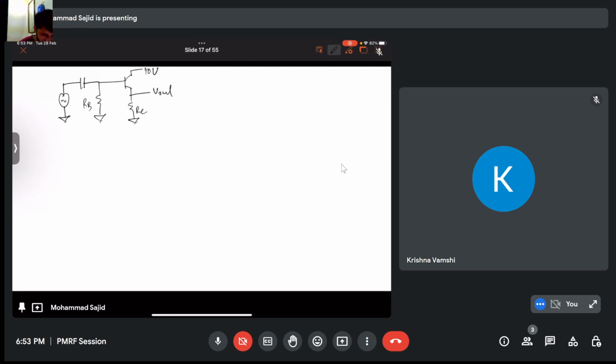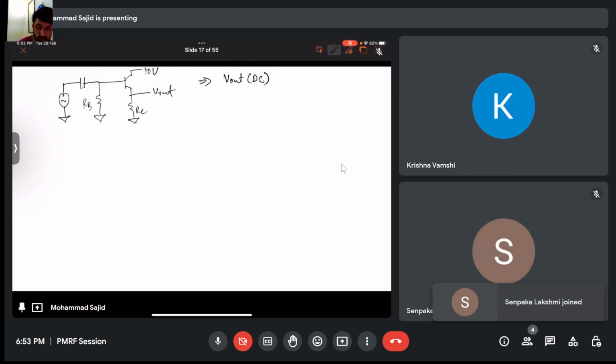And this is my output, right? Okay, now since we have to find the maximum swing in output voltage, we have to first find V output, that is DC.